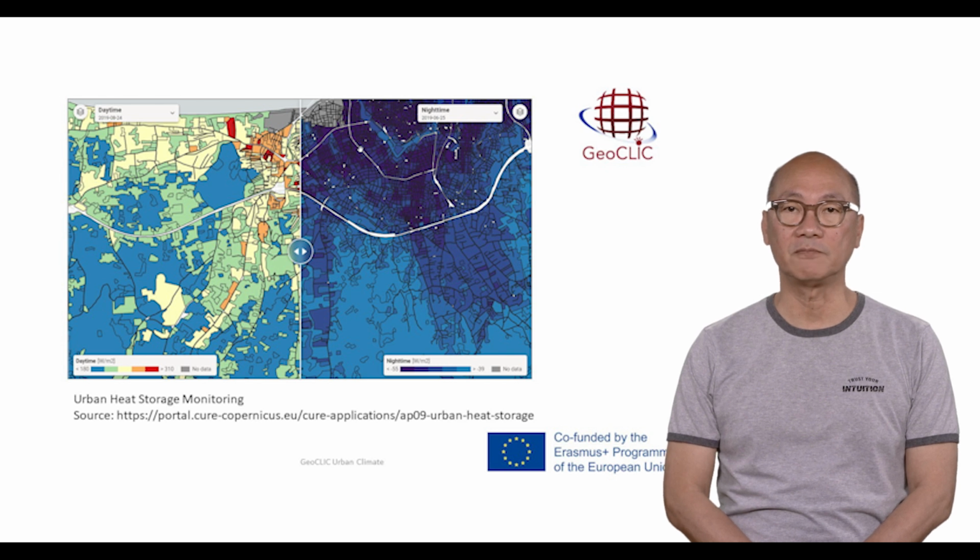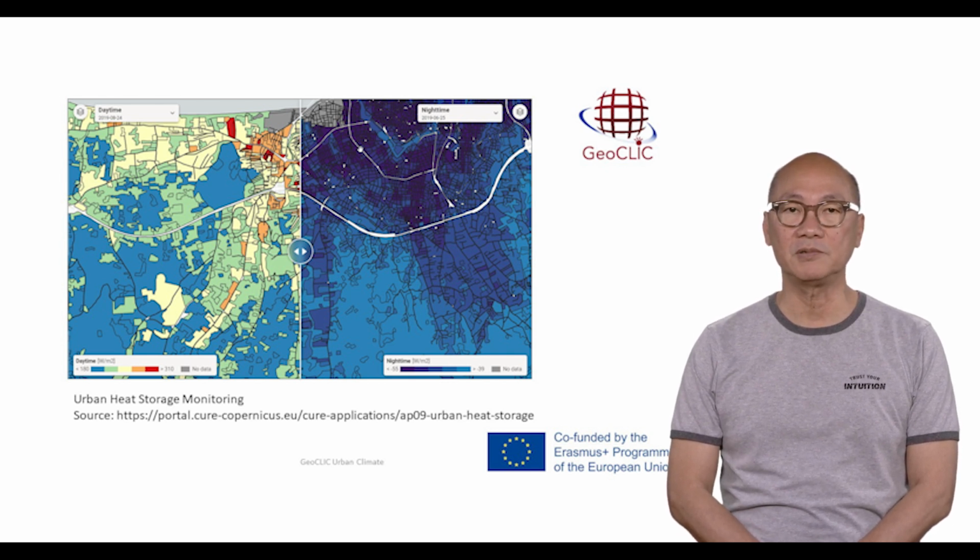Similarly, a value of minus 70 watts per meter square suggests energy release of 70 watts per meter square for the respective area. The figure above shows clusters of high heat release area at nighttime. As high heat storage is closely related to materials, hyperspectral analysis could upscale and improve the urban heat storage monitoring.